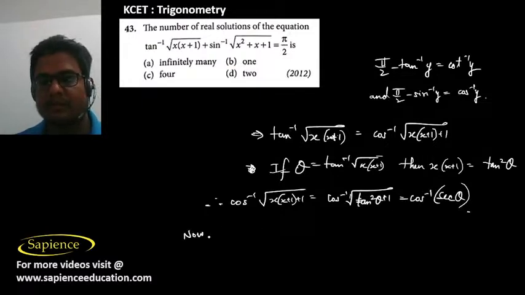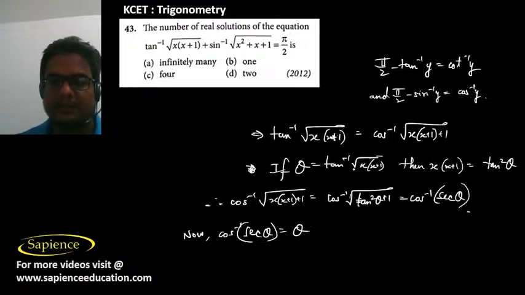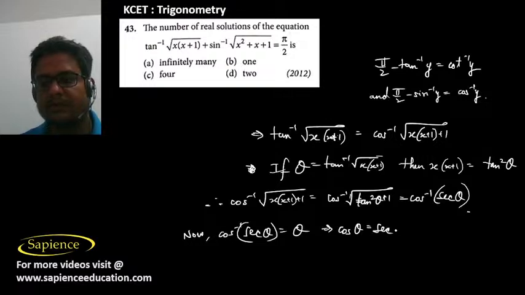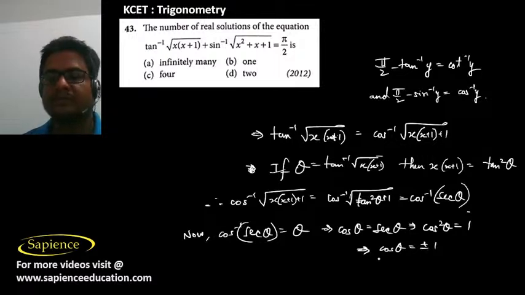It is told cos inverse of sec theta is equal to theta. So it means that cos theta equal to sec theta, that is cos theta equal to 1 by cos theta, cos square theta equal to 1. So therefore cos theta will be equal to plus or minus 1.